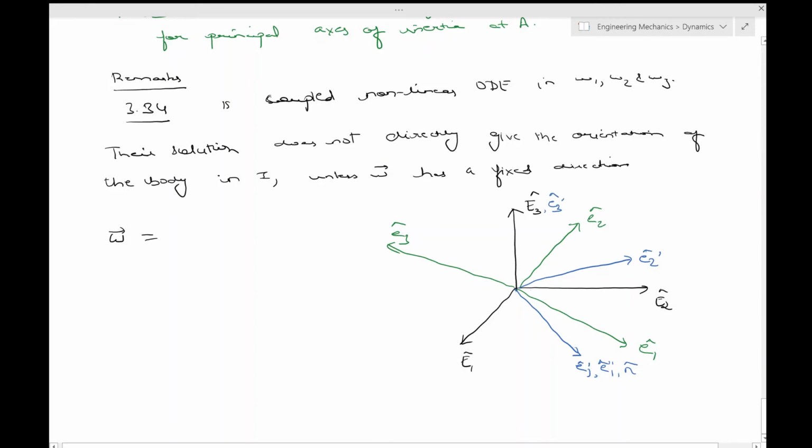Okay, now E1 double dash is this, E2 double dash is this, and E3 double dash. Okay, fine.